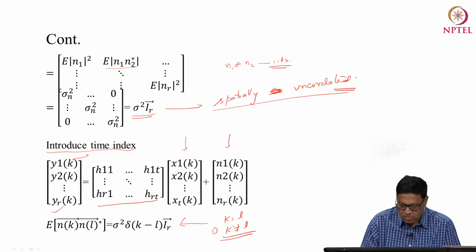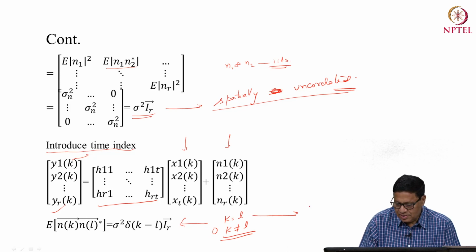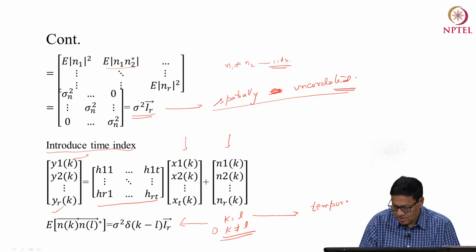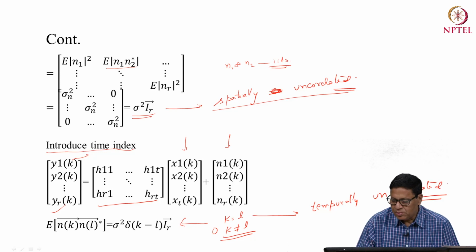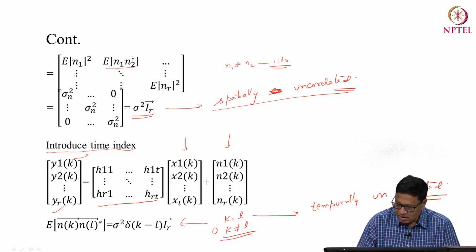So we also conclude here that the noise is temporally uncorrelated. It is spatially uncorrelated as well as temporally uncorrelated.